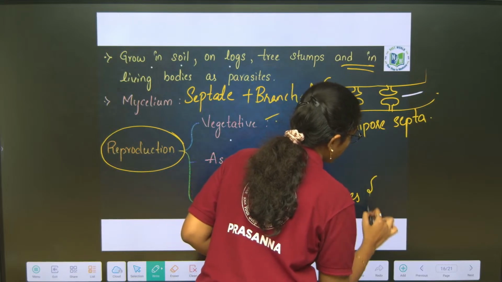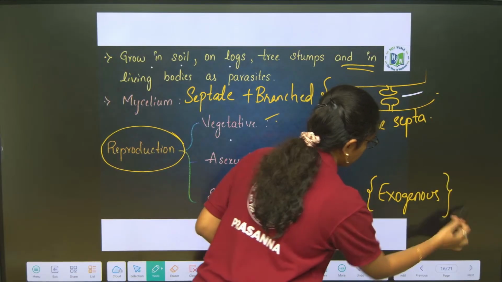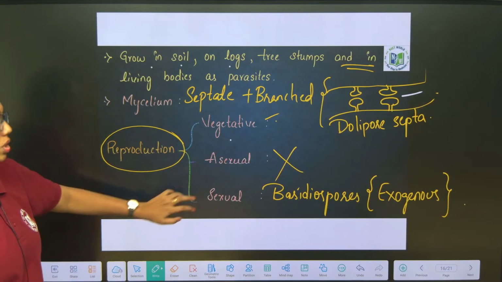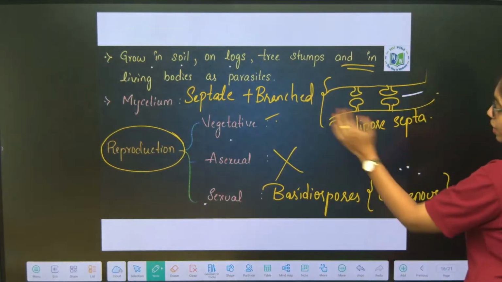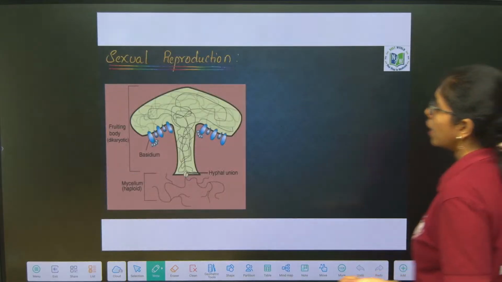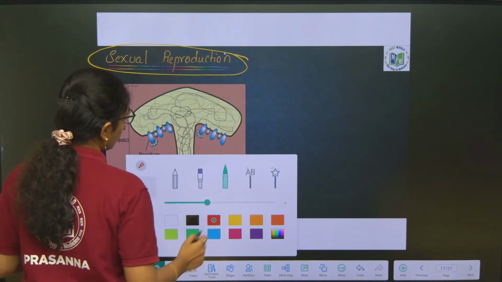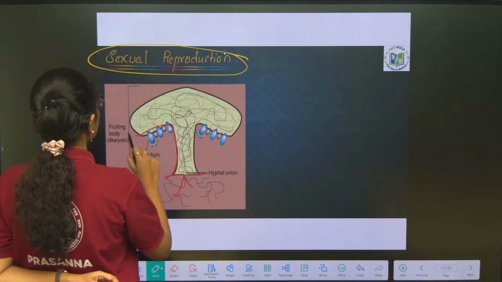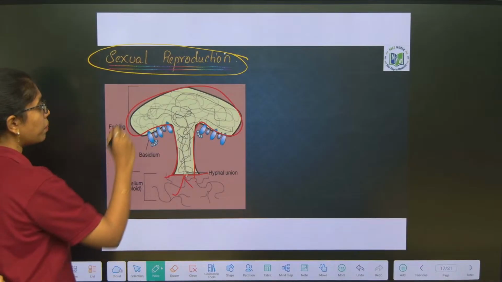These basidiospores are the only exogenously produced sexual spores. So, the only mode of reproduction is sexual, through basidiospores, which are exogenously produced, and vegetative modes are common again: fragmentation, fission and budding. Now, in sexual reproduction, over the hyphal strands the basidiocarp is formed. This is the fruiting body, the basidiocarp, which is haploid.